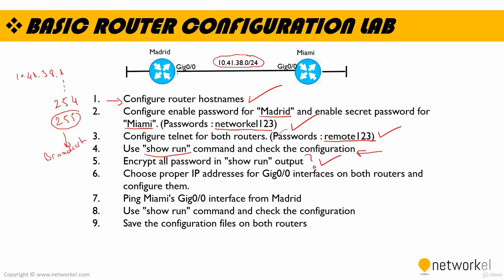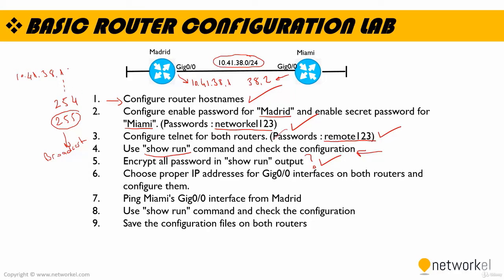So I'm gonna configure the Gig00 interface of Madrid with .1, and here is gonna be .2.